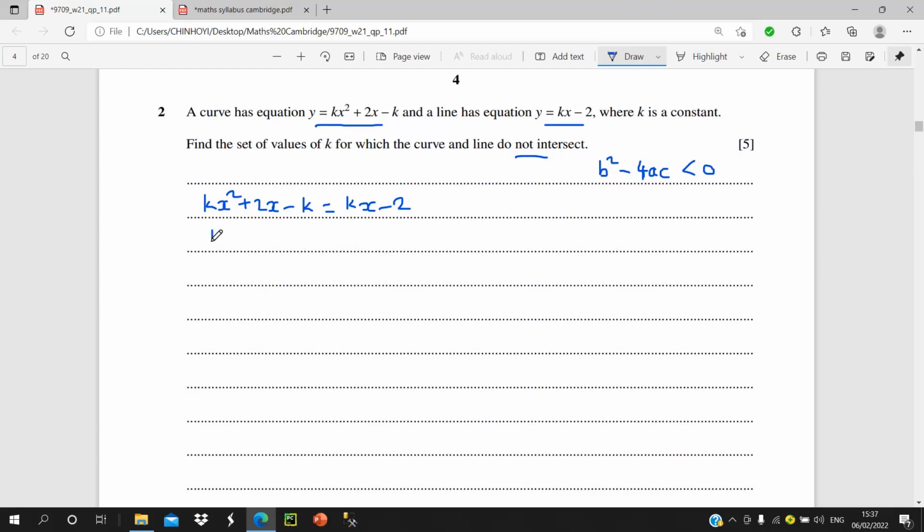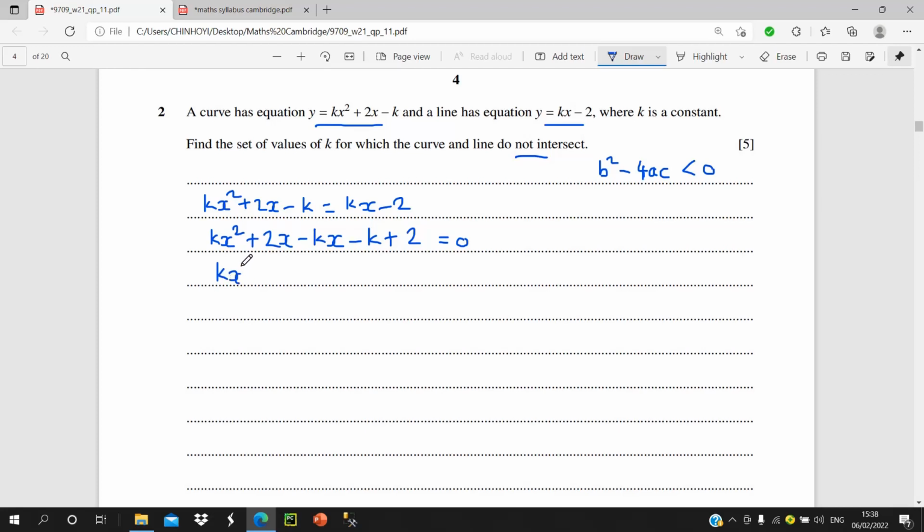So we are going to have kx squared plus 2x. Then if you take this kx to this side, it changes the sign, it will be minus kx, then minus k. If you take this minus 2 to this side, you get plus 2 is equal to 0.